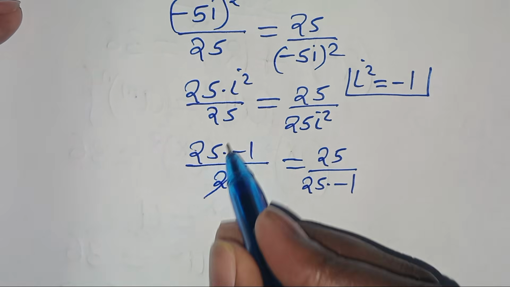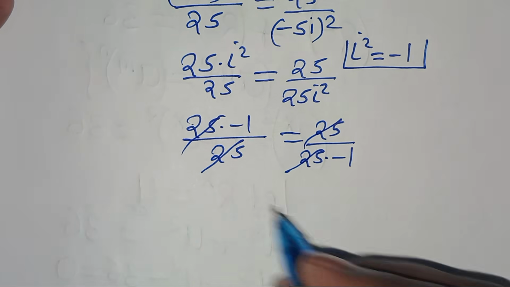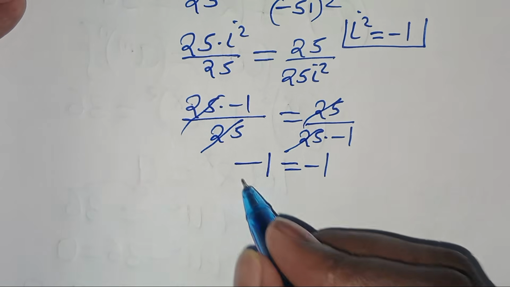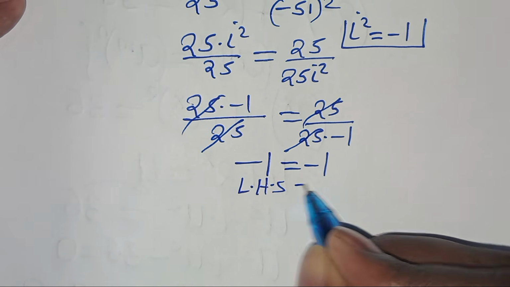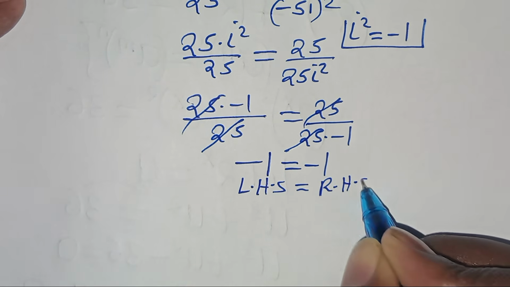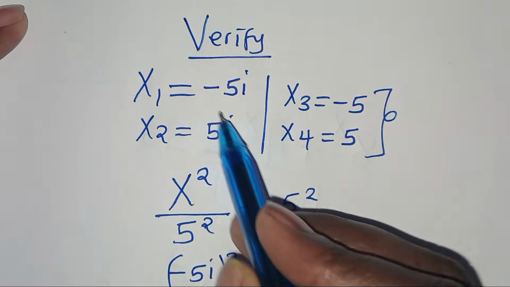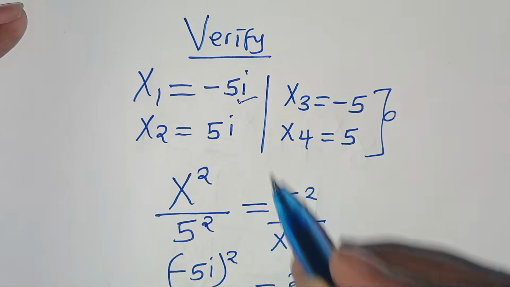Let's simplify here so that we have negative 1 is equal to negative 1. So the left hand side is equal to the right hand side, and this affirms that x1, which is minus 5i, satisfies the equation.